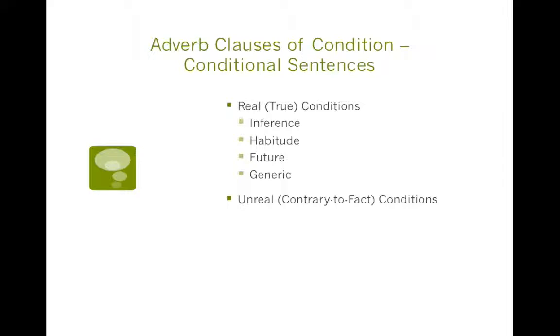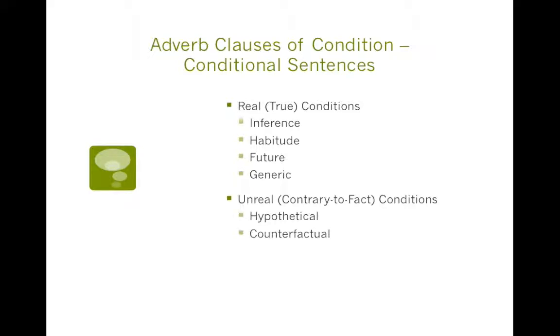The habitude expresses conditions that have results that occur repeatedly. Okay? And then we have future conditions, which express plans or probable events in the future, and generic conditions, which are facts that are considered to be scientific truths. So all of these conditions are real, they're true, and they can be fulfilled.